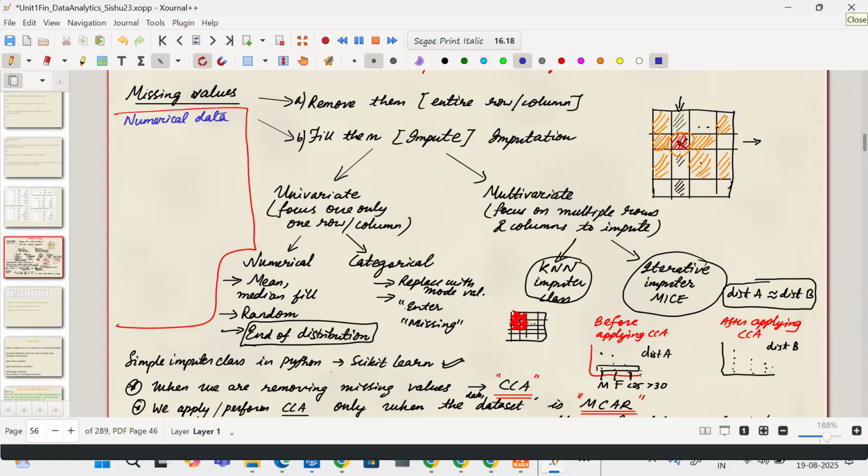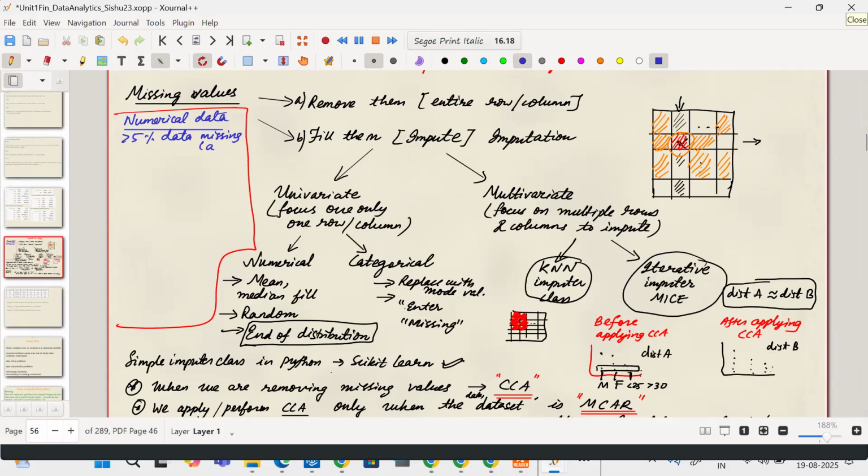If the percentage of missing values is less than 5%, you can apply CCA. If it is more than 5% and the data is numerical, then you can apply the technique which we are going to discuss to a dataset which has more than 5% of data missing.